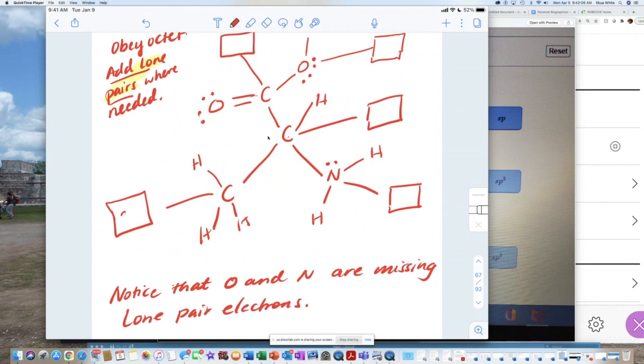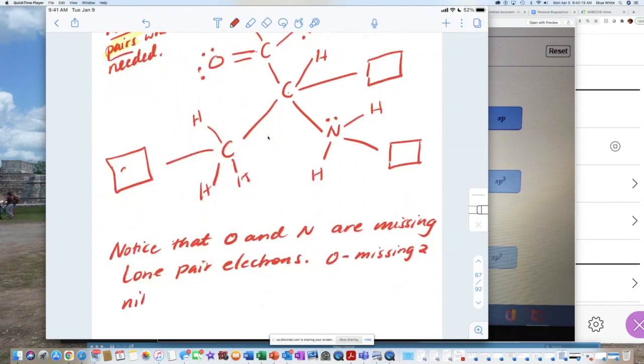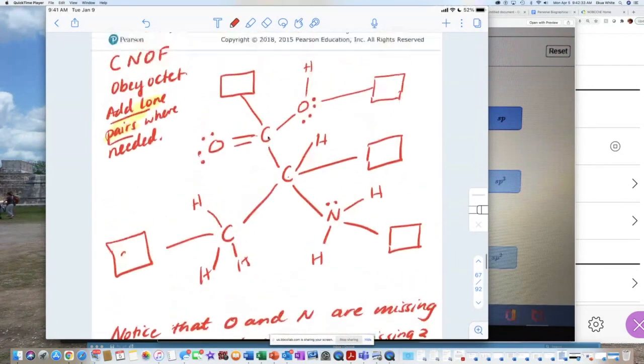Oxygen is missing 2. Sorry, nitrogen is missing only 1. Nitrogen is missing one pair of electrons. Okay, so as you're working on your homework, that's pretty much it.